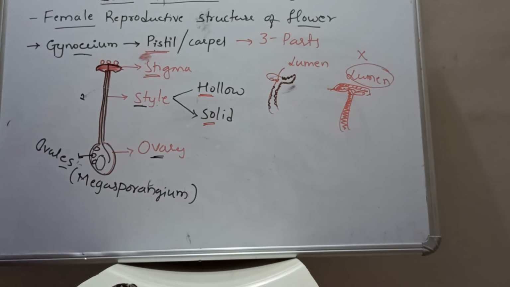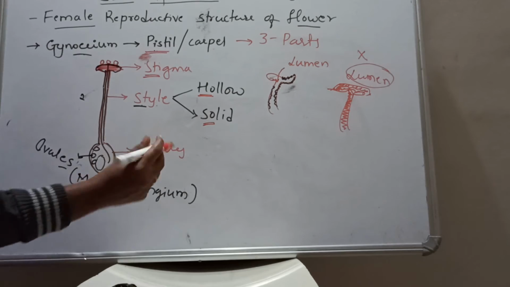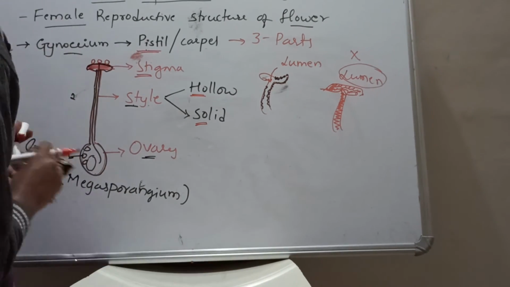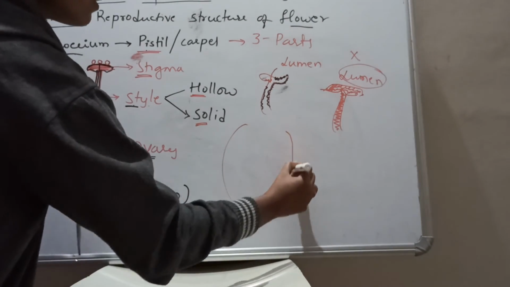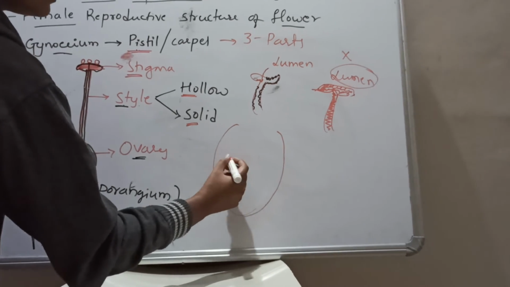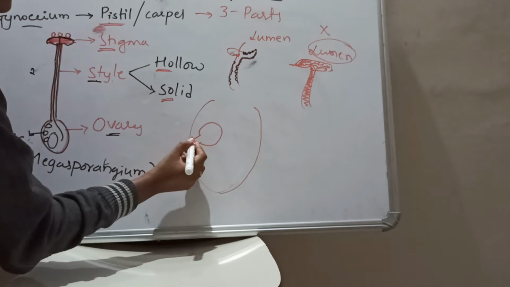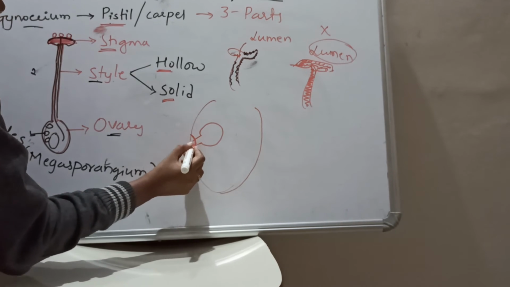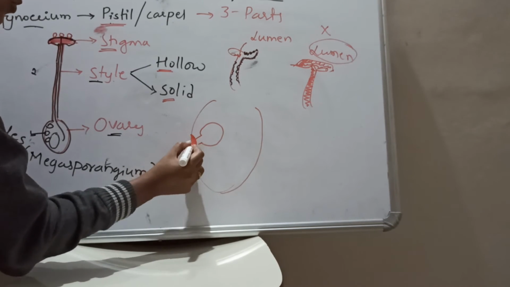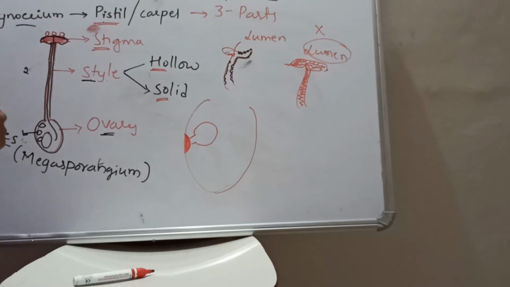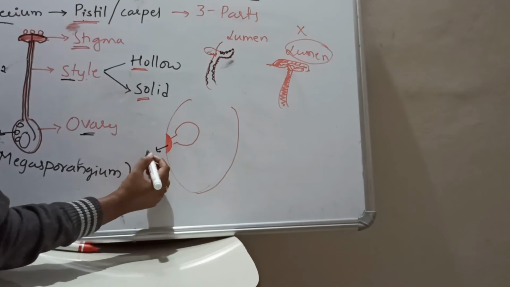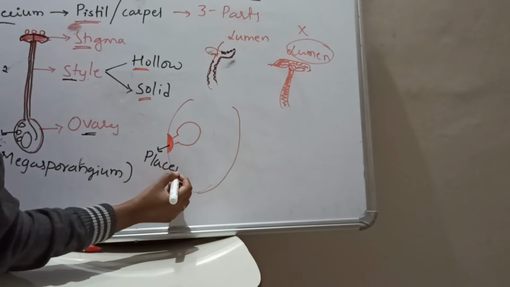Here it is the ovary, it is the ovule, and this ovule is attached to the ovary at a tissue. That tissue is called placenta.